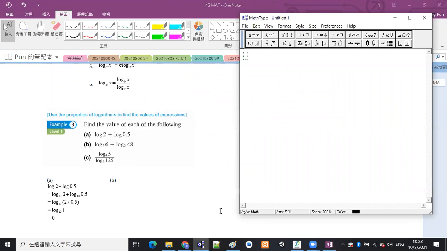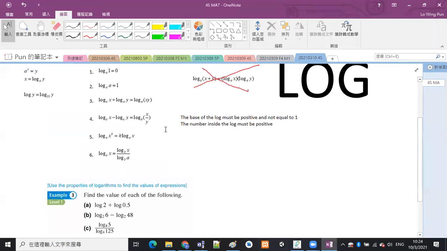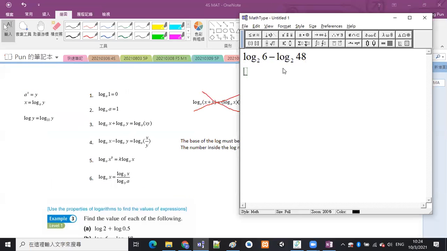Okay, and then part B, log 6 minus log 48, base 2. Okay, and this time we have the same base 2, right? Then we can use the properties. This time we have log x minus log y. So they are changed to log x over y. Can you get this?